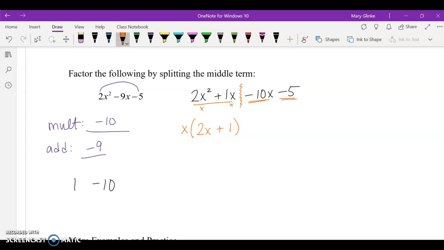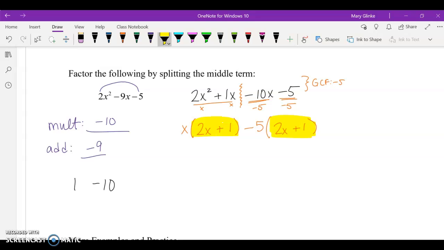Since it starts with a negative, my GCF here is actually going to be negative 5. When you find your GCF, we are going to divide each term by negative 5, and we're going to write that GCF out in front. So negative 10x divided by negative 5 is 2x. Negative 5 divided by negative 5 becomes a positive 1.